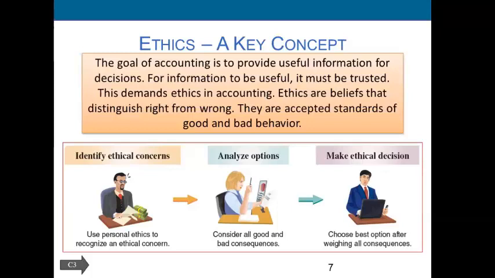All right, so the little diagram here shows that you need to identify that an ethical concern has taken place. A lot of times it's a gray area or an area where there's no specific rule. You want to analyze all your options, and then you want to use your ethics, referencing that Constitution of the accounting guidelines, to help you make the decision that is best for all involved, all people potentially using that information.